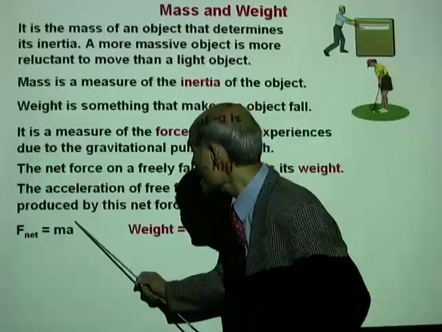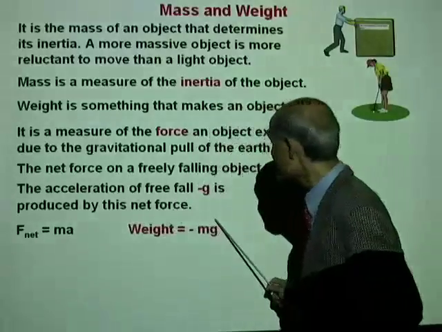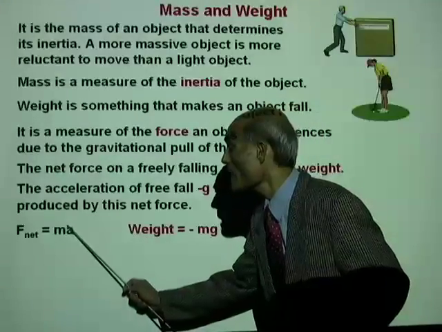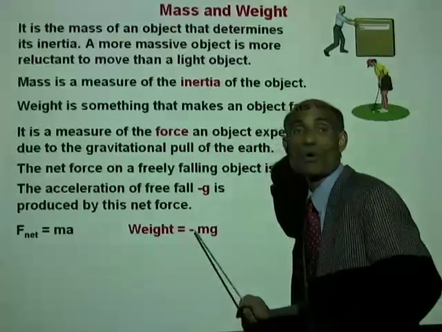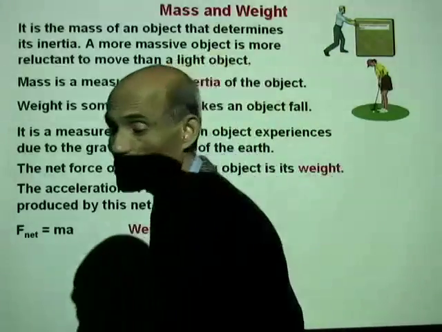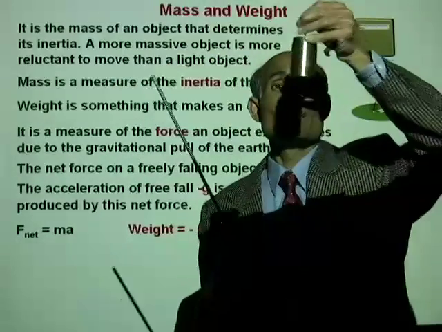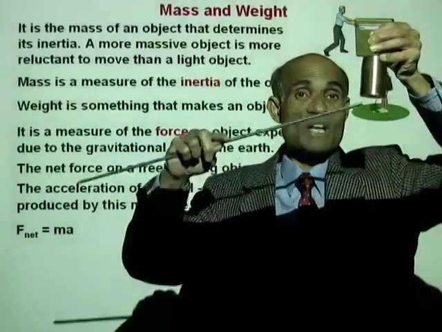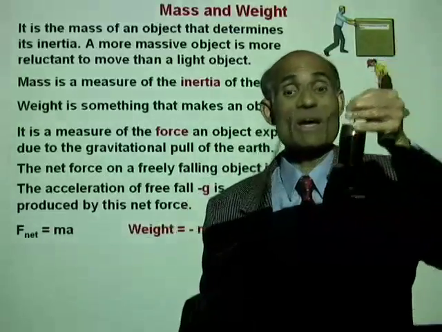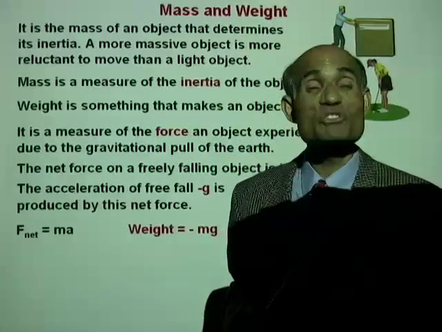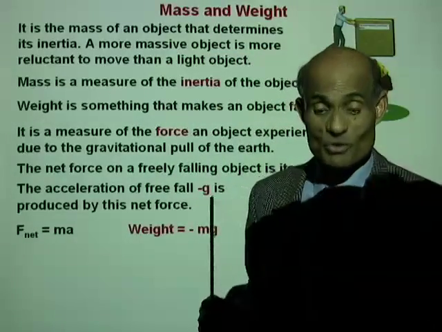Therefore, if a is replaced by negative g, weight becomes m times negative g, or negative mg. The weight of this object is negative mg. It is directed downwards, where m is the mass and g is the acceleration caused by the force of gravity.